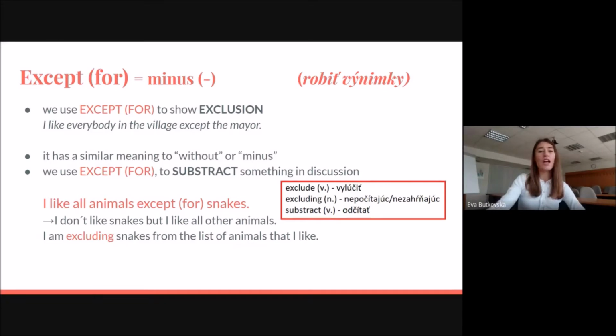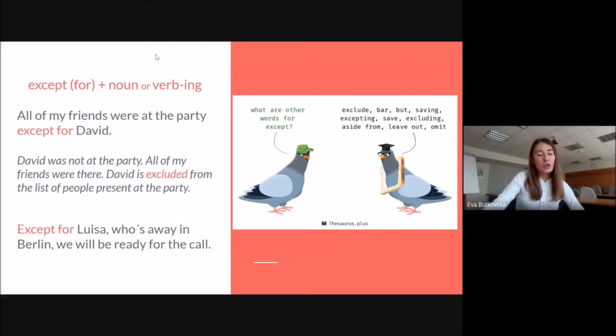Okay, good. Sorry. So to the structure, like in besides, it is always followed by a noun. So, all my friends were at the party except for David. Except for is always followed by a noun or a verb in ing form.